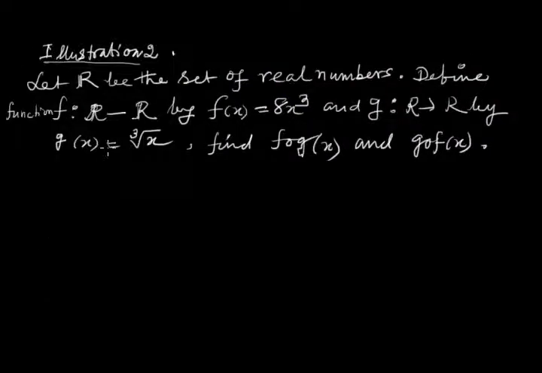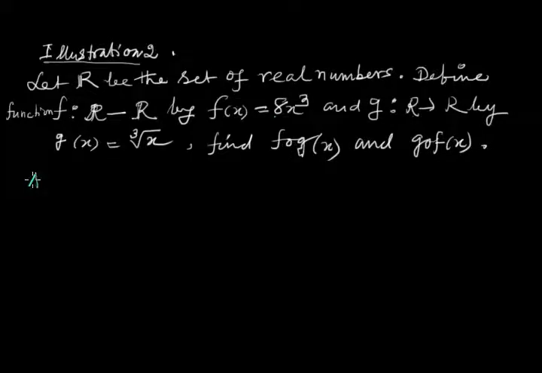Here is another illustration. The question is, let R be the set of real numbers, and f is defined from R to R by f(x) equals 8x cubed, and g is also defined from real numbers to real numbers by g(x) equals the cube root of x.